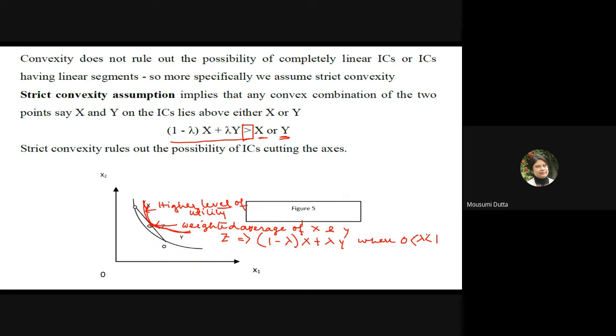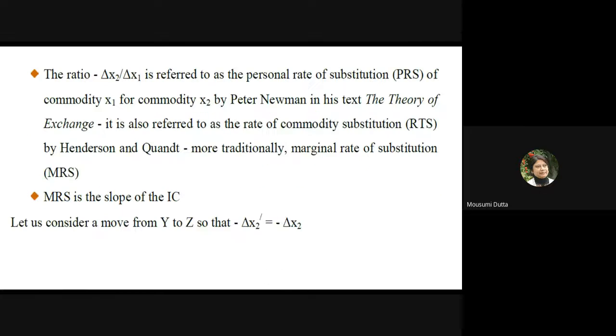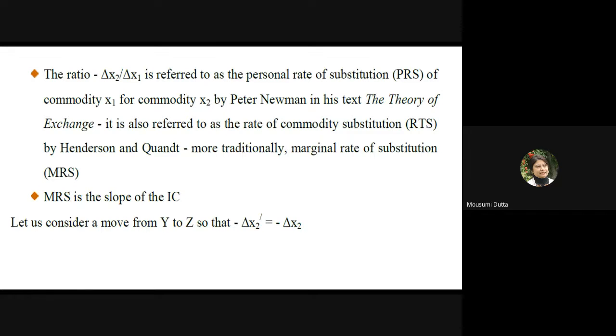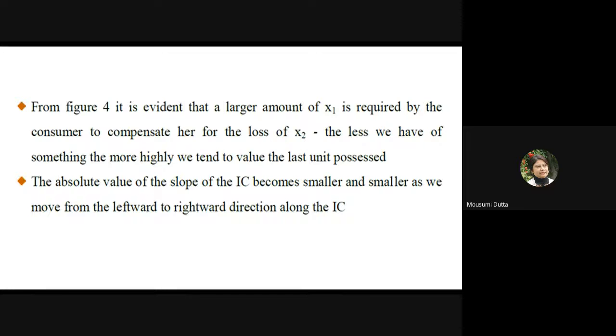Next day I'll start from this point, the strict convexity of the indifference curve. So today, I hope you are getting the idea how we can derive the slope of the indifference curve, what is the meaning of the slope of the indifference curve. The curve will be not only negatively sloped, it will be convex to the origin.